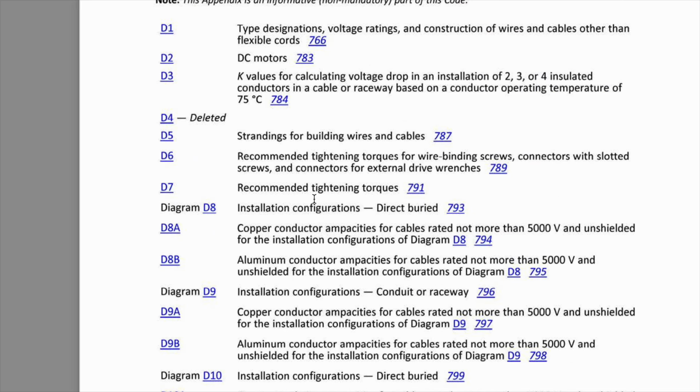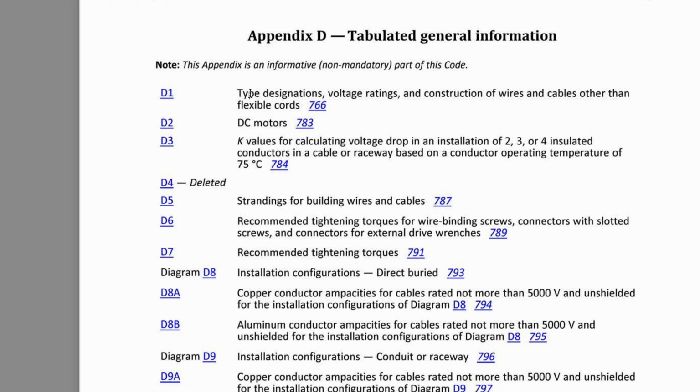Appendix D. Look here, D1: type designations, voltage rating, and construction of wire and cables other than flexible cords. So you can find some details about the cables. Also D2 is about DC motors, and D3 is about the voltage drop.